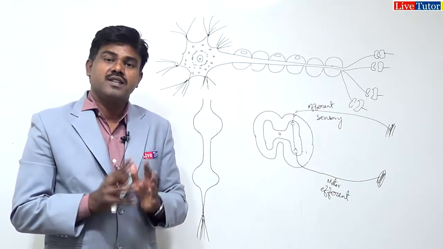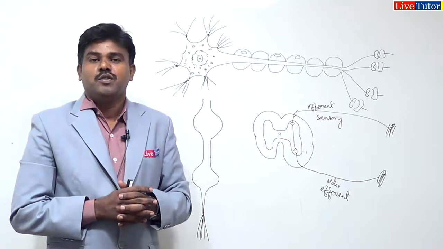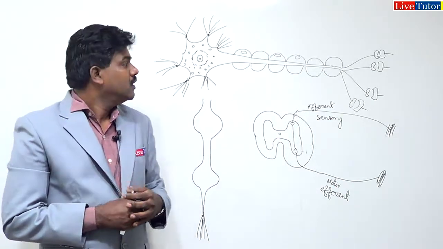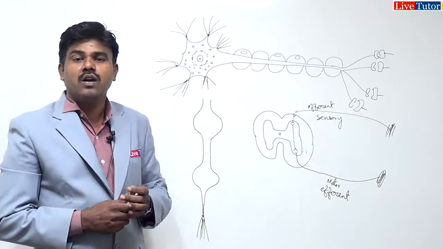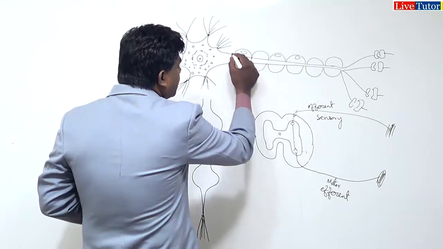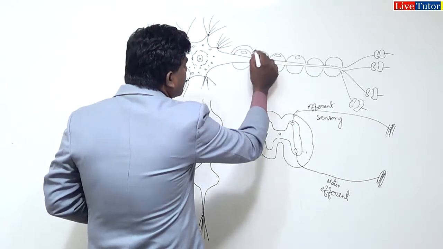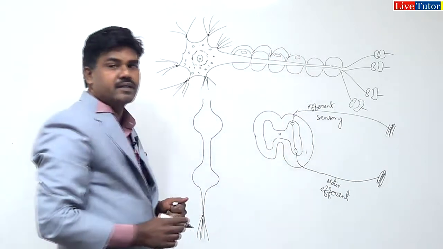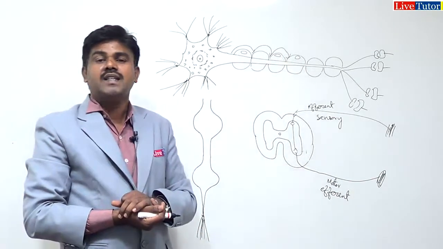Actually neural coordination is a big chapter. Now, how does it conduct the impulses? The property of the neuron: this is called the nodes of Ranvier. The nerve impulses jump from one node of Ranvier to another node of Ranvier. It's like a saltatory principle.